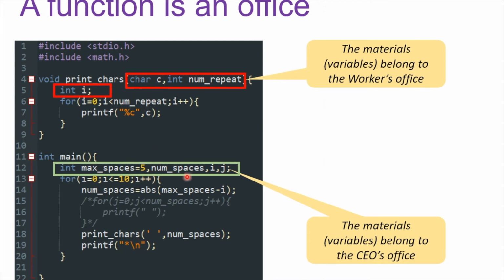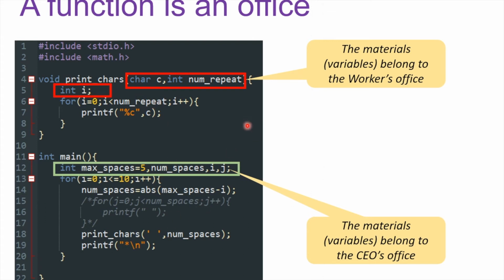So those materials belong to their respective offices, different offices there. So they can only be used inside that office because you cannot use a material that belongs to the CEO's office in the worker's office. So you can't use the materials of the worker's office in the CEO's office.